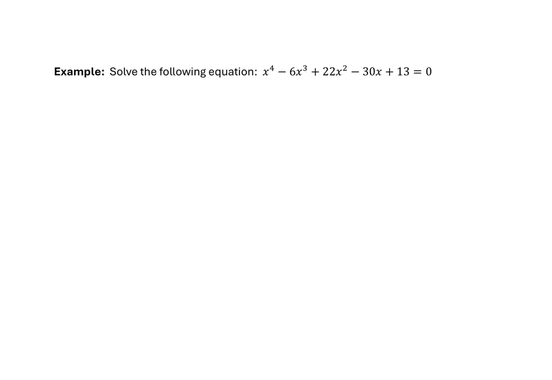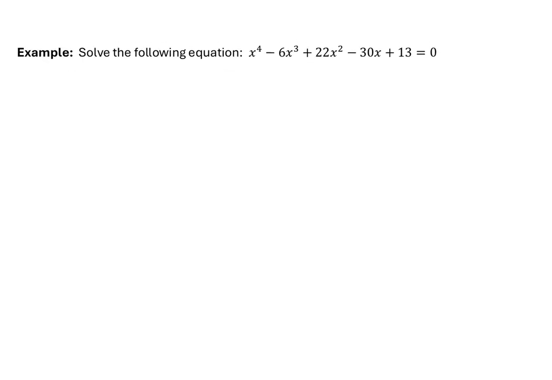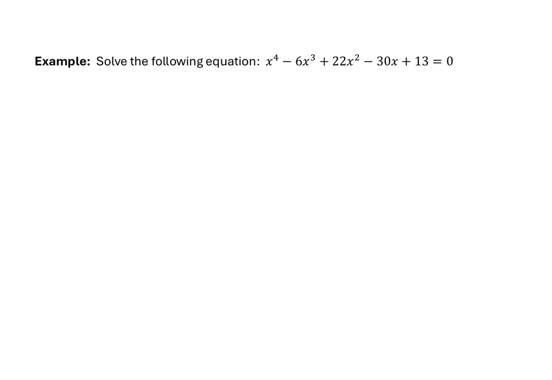Okay. All right, we have to solve the following equation. We have x to the 4th minus 6x cubed plus 22x squared minus 30x plus 13. All right, let's start by finding our possible rational zeros.